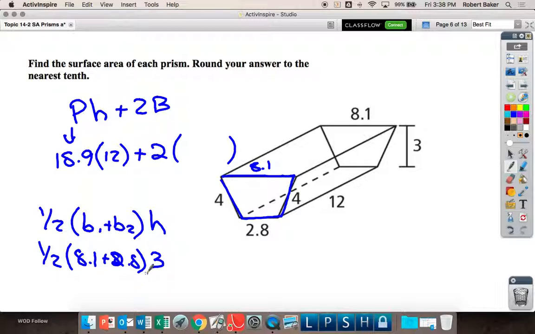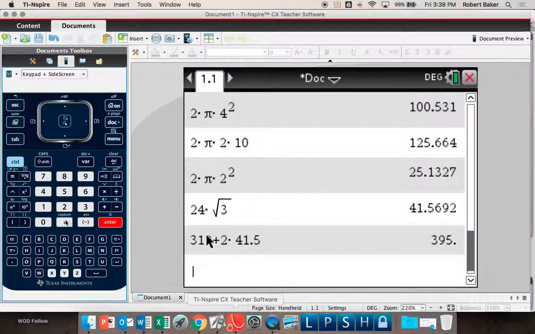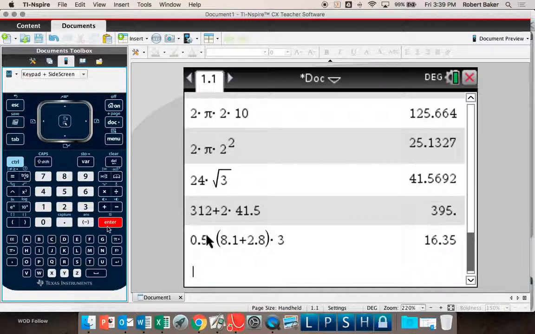So I'm going to use my calculator. 1/2 times the sum of the 8.1 base plus the 2.8 base times 3. So the area of one trapezoid is 16.35, and how many of those trapezoids do we have? 2.